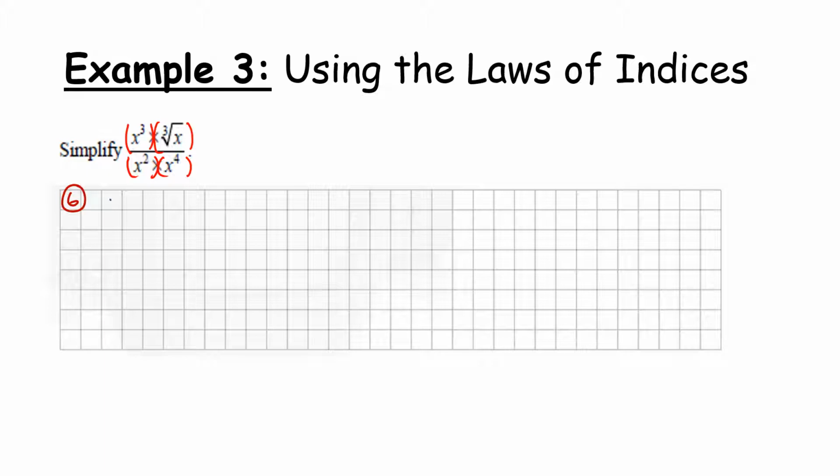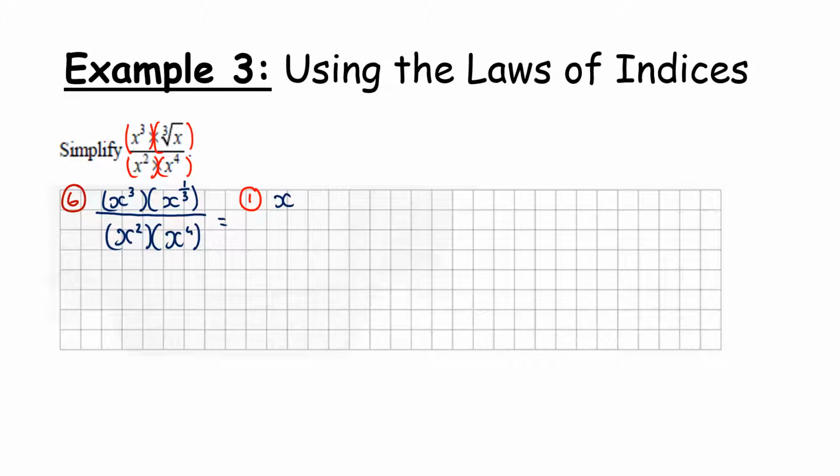We change any square roots or other roots that we have. In this case, we have a cube root, so the x to the power of 3 stays. This becomes x to the power of a third. That's all over x to the power of 2 times x to the power of 4. Now, both the top and the bottom line can be worked using law 1, which is when I'm multiplying, I add the powers.